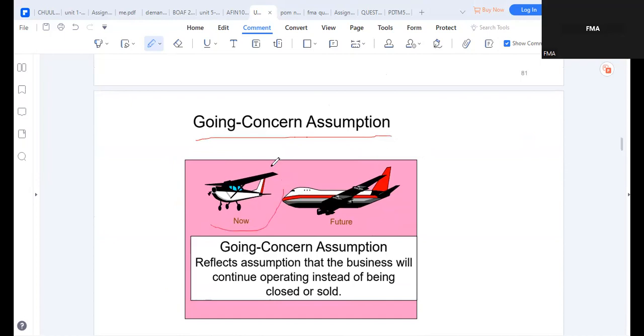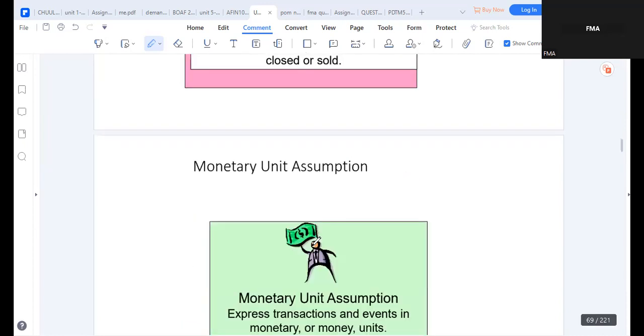Right now, you may start with a helicopter, but see yourself as having an aeroplane. You may start as a tuition center, but see yourself as being a university. So going concern is an assumption that a business will continue to operate in the foreseeable future.